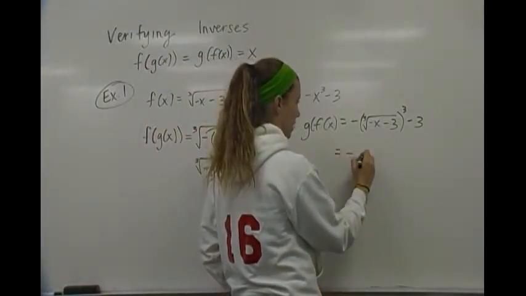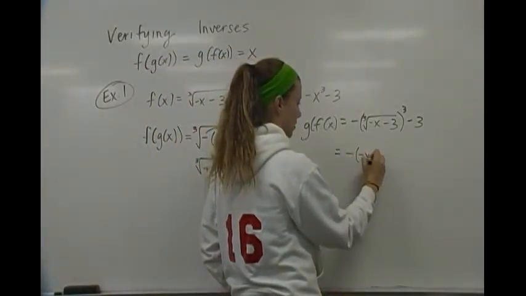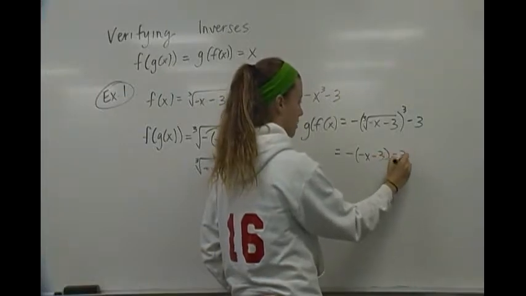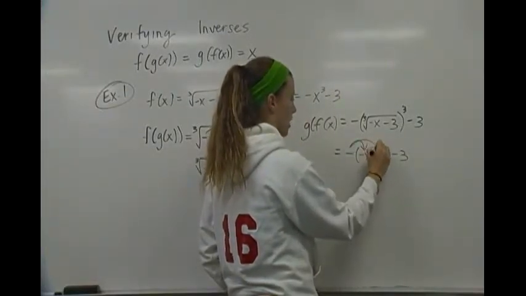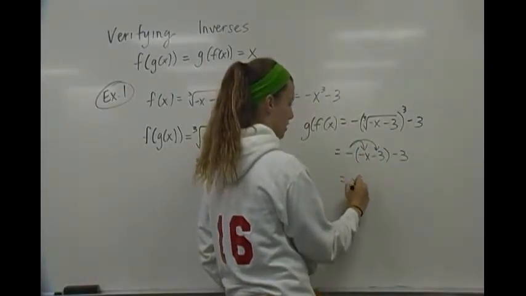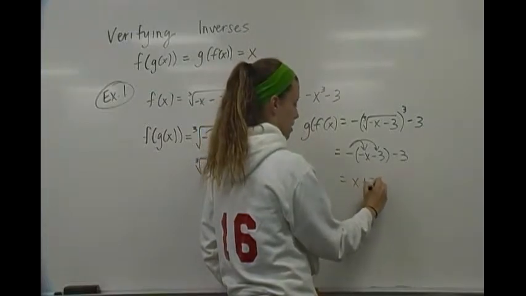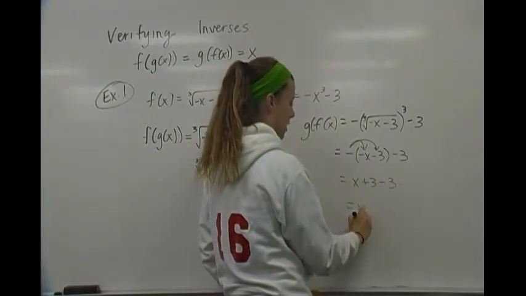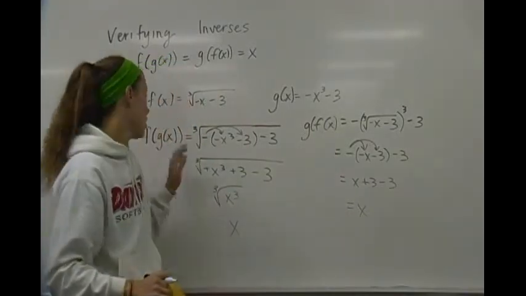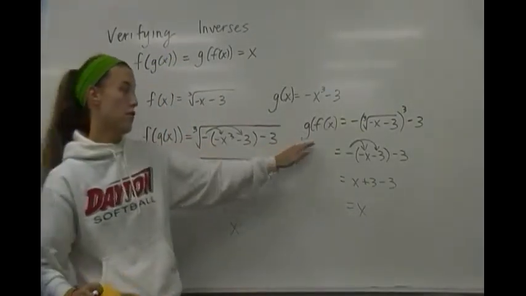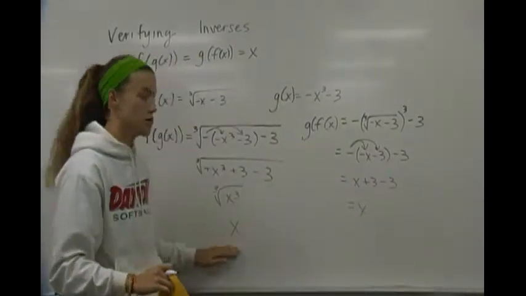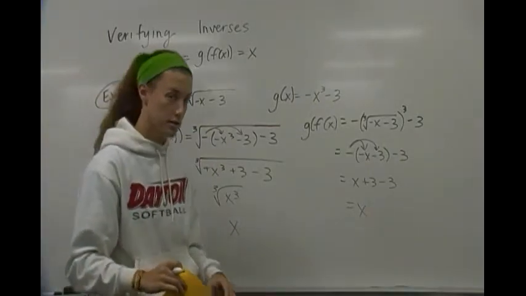So I have negative x minus 3 minus 3. Now I will distribute that negative sign. So I have x plus 3 minus 3, which leaves me with just x. So now I've proven that both f of g of x and g of f of x are equal to x. So yes, these are inverses.